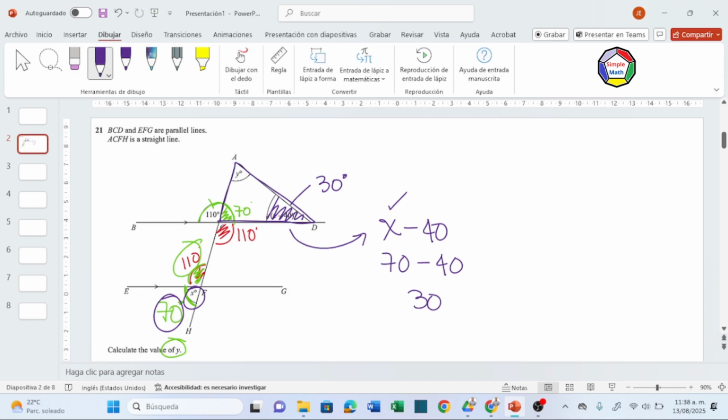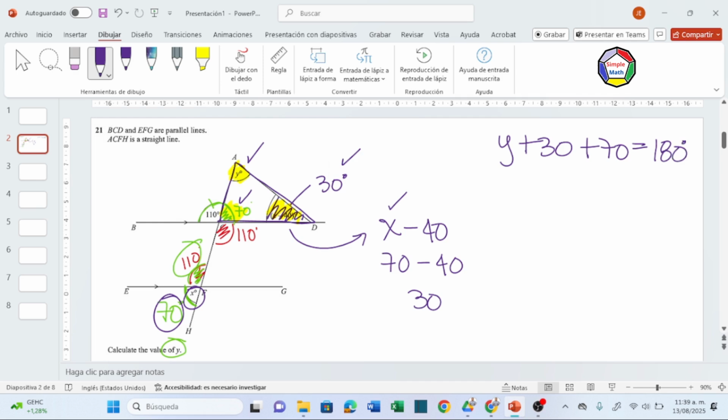And finally, as I told you before, the property of the interior angles in any triangle: this angle plus this angle plus this angle will measure 180 degrees. That's a property. So we have that y plus 30 plus 30 plus 70 must be equal to 180 degrees.